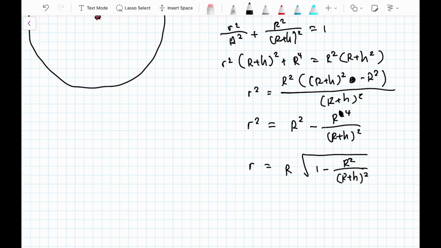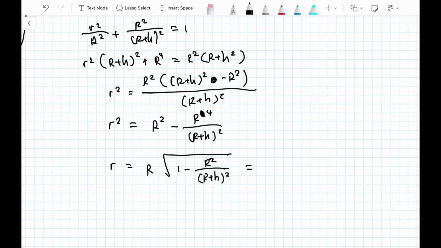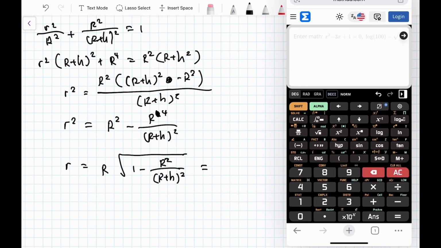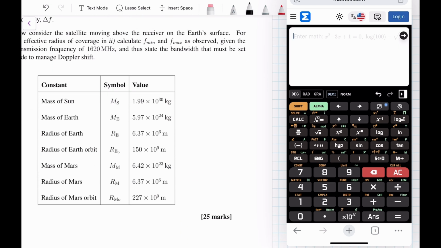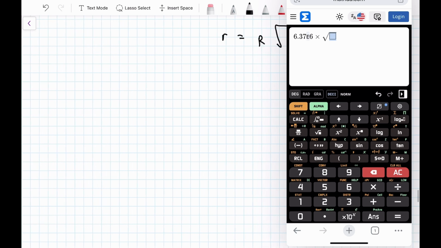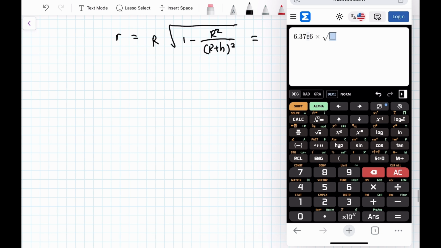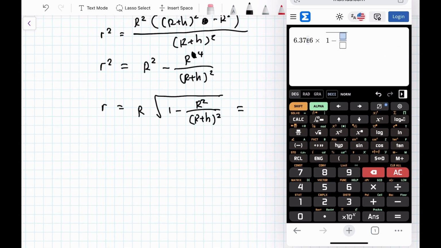And then what we have to do simply is to quantify this. So we plug in the values. R over here should be the radius of the Earth, which is 6.37 times 10 to the 6, multiplied by the square root of 1 minus (6.37 times 10 to the 6) squared over (6.37 times 10 to the 6 plus the height) squared.